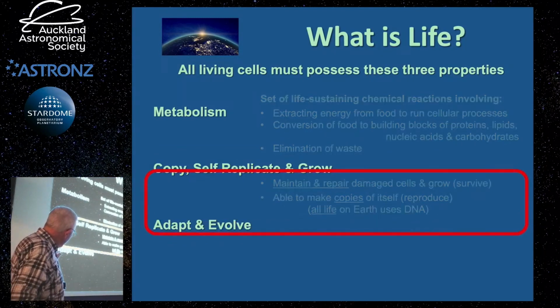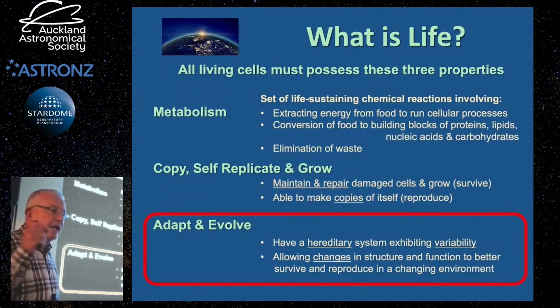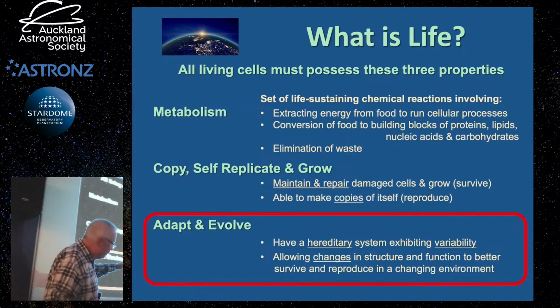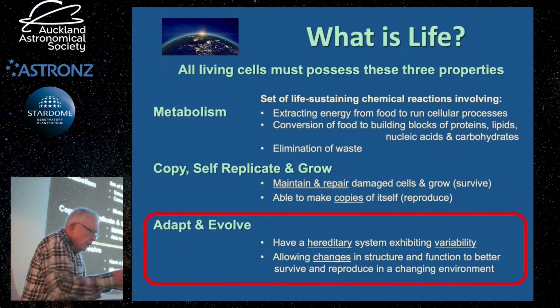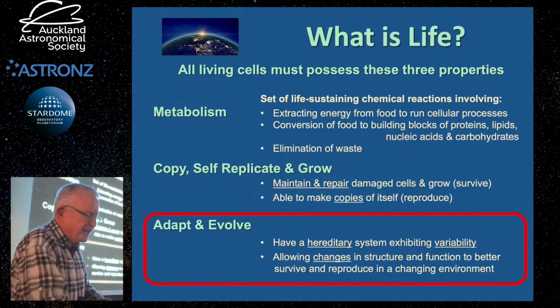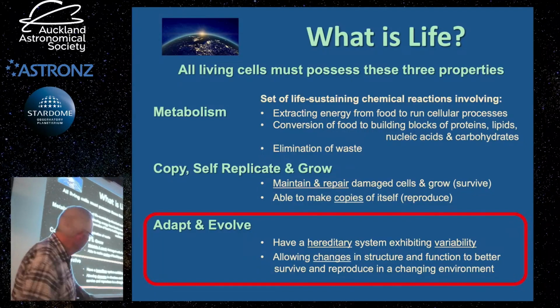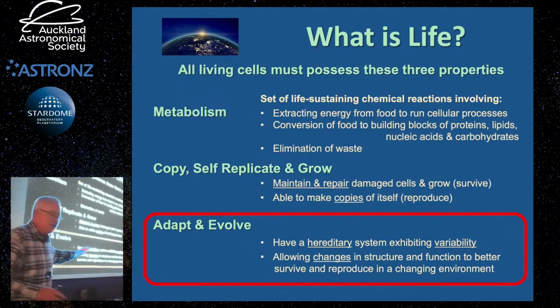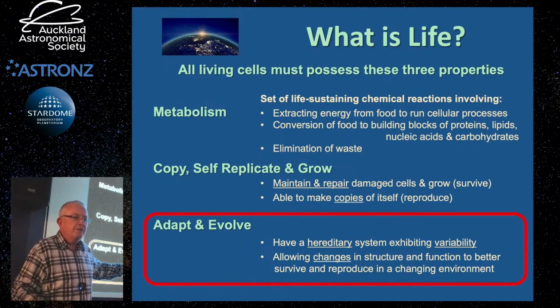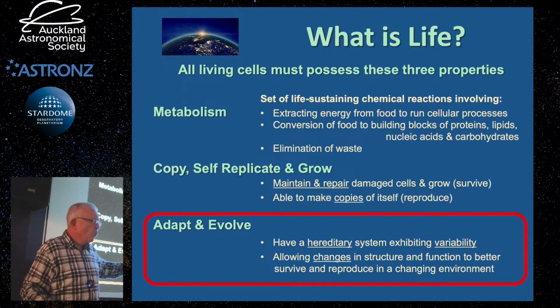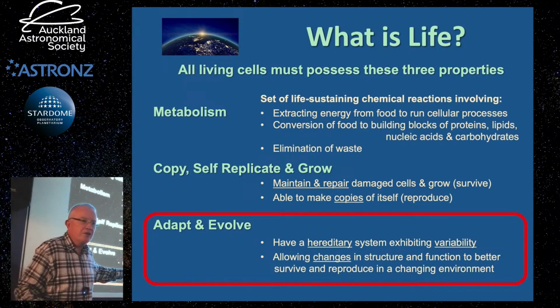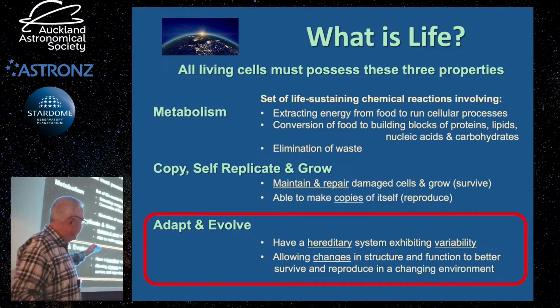And the third one, it must adapt and evolve. What this means is it's got a hereditary system, in other words, some sort of system where information is passed on to offspring, whether it be offspring cells or offspring in terms of living beings. But also importantly, it's got to exhibit variability. In other words, it's important that it's able to stuff up occasionally, make an error in its copying process.